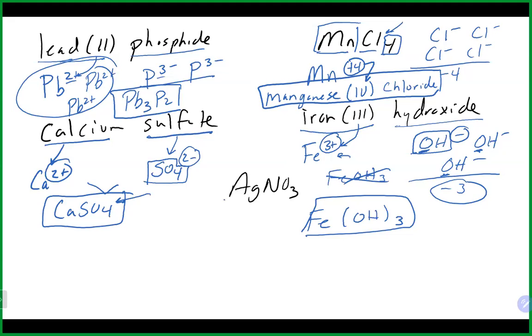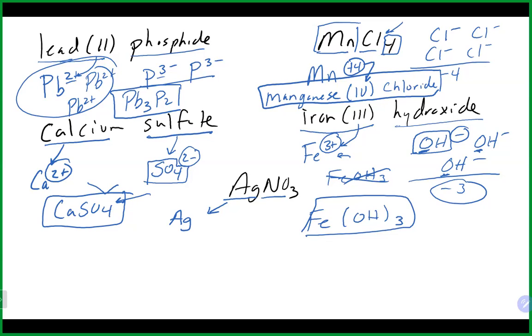Lastly, here we have Ag, which is silver, which is a metal. We have NO3, which is nitrate, which is a polyatomic ion. Now remember that silver is one of those 3 transition metals that actually does have a fixed charge. So silver is +1, cadmium is +2, and zinc is +2.